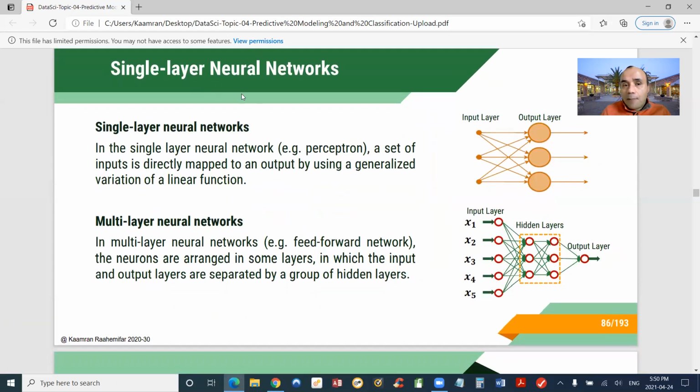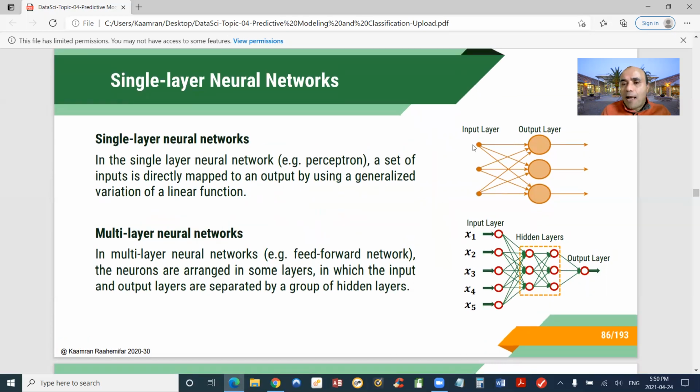Single layered neural network. We spoke of the layered neural network in the past. These are the input. You have only the output layer, and each one of the output layers is going to generate an output signal. So as you can see, this is one cell, and you have 3 inputs, all of them interacting with the cell, and 1 output.